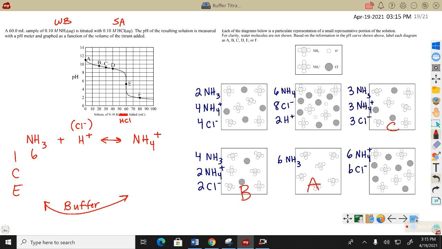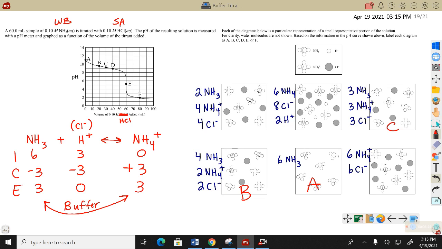Now I see that there's 3 chlorine, which must have also meant that there were 3 hydrogen ions initially. Initially, no NH4 plus. All right, so my limiting reactant is still the hydrogen. This guy goes down to 0, and everyone reacts accordingly. Plus 3, up to 3.